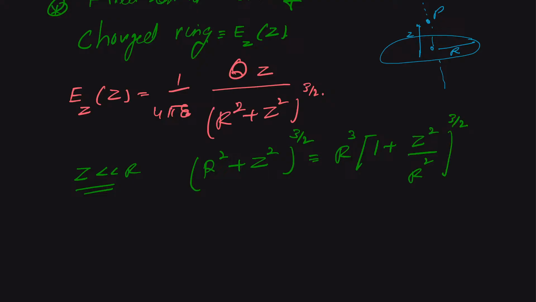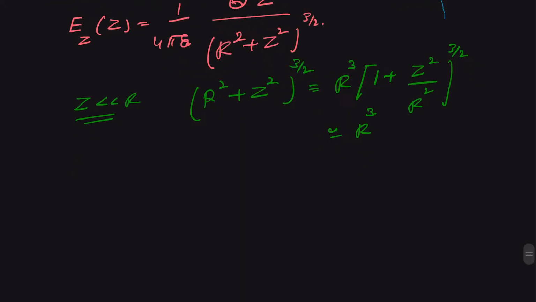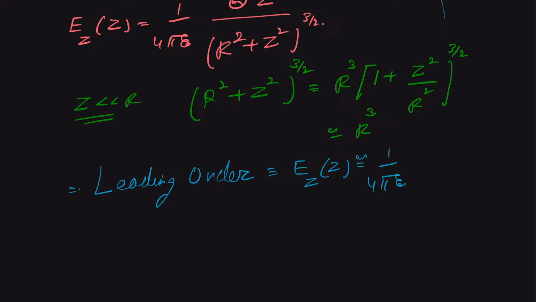From binomial expansion this is approximately equal to r cube. Therefore the leading order electric field at point z in the z direction will be approximately equal to 1 upon 4 pi epsilon naught, q z over r cube.